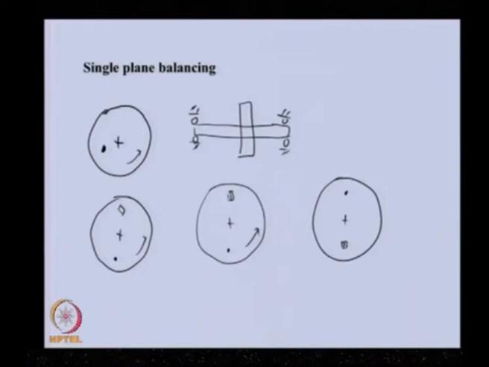So, we need to remove some mass from here, and if we have removed some mass and rotate again, the rotor stops at some indifferent position. Once we rotate it, it comes here, the second time it comes like this or any other position. All the time when we rotate this rotor, whatever marks are there come at indifferent positions.